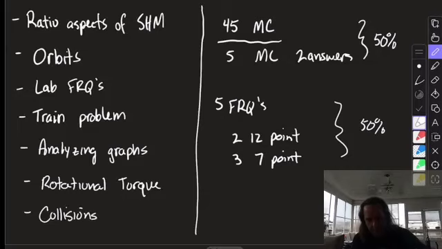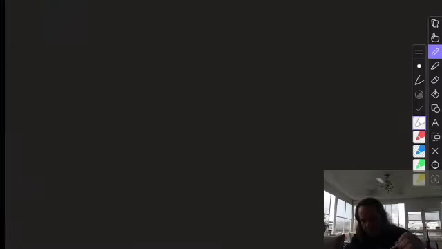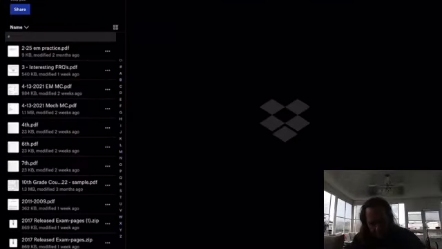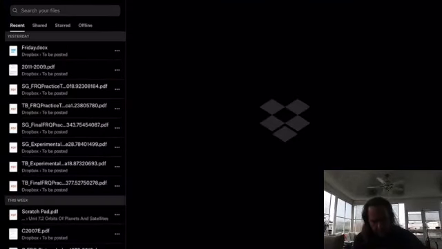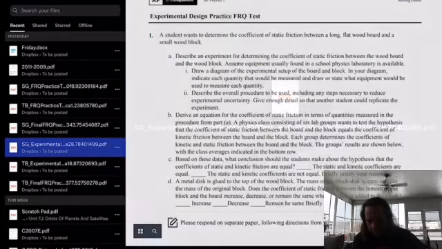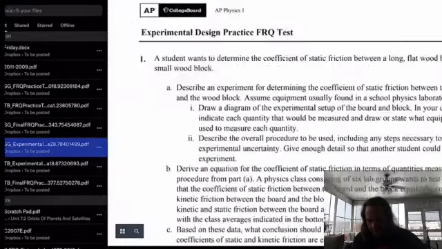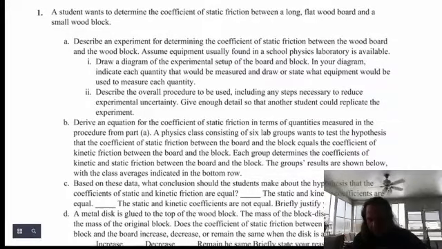It's a lot here. So when it comes to the experimental FRQs, let me see. We talked about this one in class, so I don't really want to go into it too much.